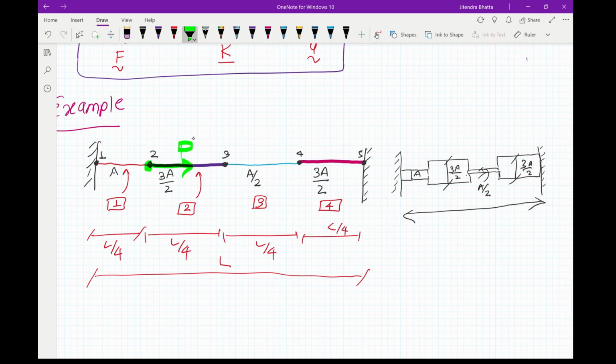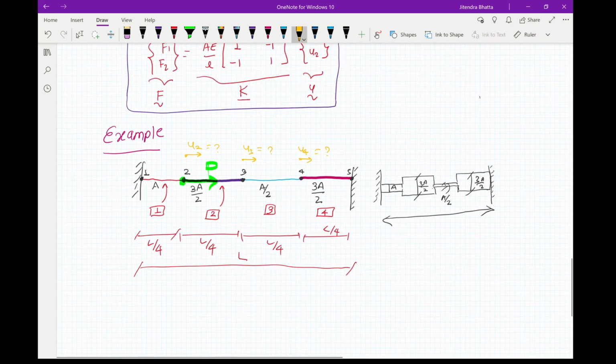That's your loading condition. Now based on this, you are asked to solve the displacements at node 2, node 3 and node 4. So that will be U2, U3 and U4. Let's go into the procedure now.